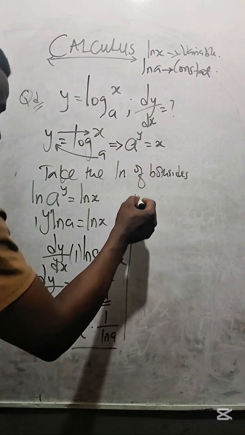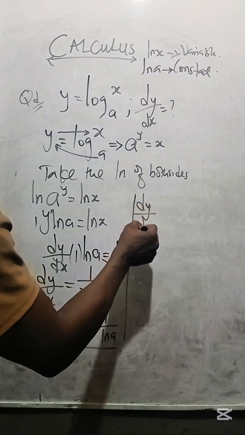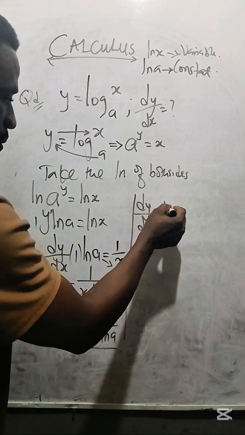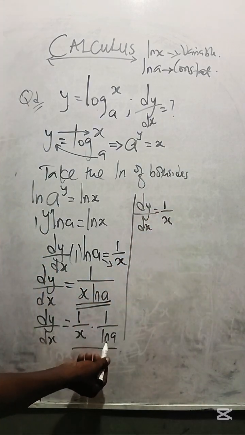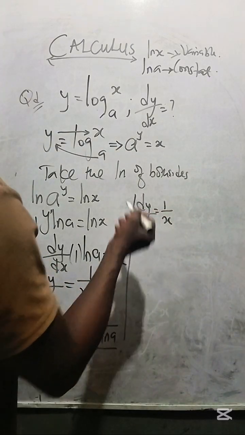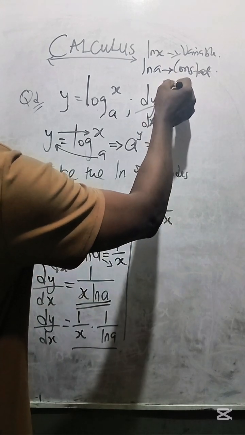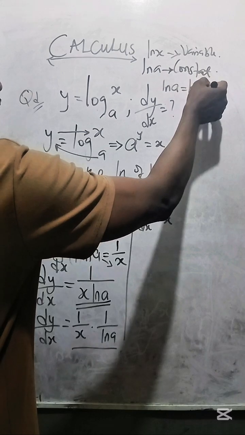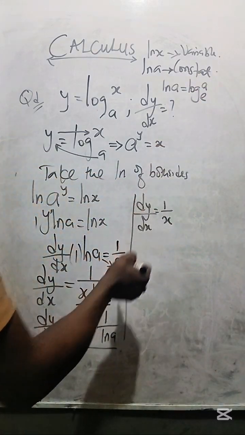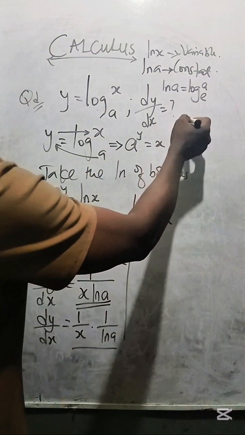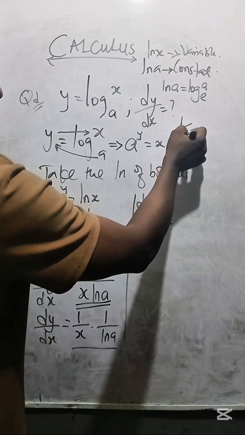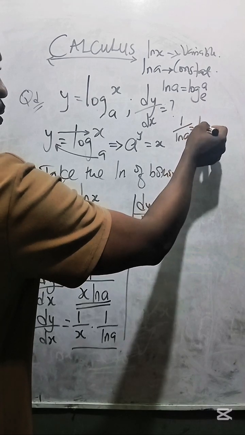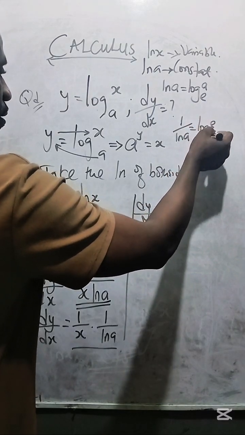Now, I say dy/dx is equal to, now watch this, 1 over x, and ln a is the same thing as log a base e. And again, 1 over ln a is the same thing as saying log e base a.